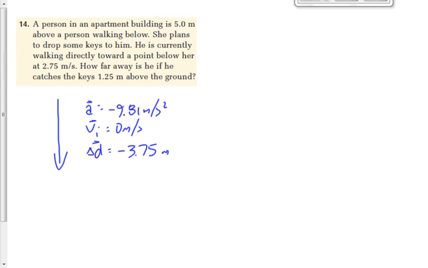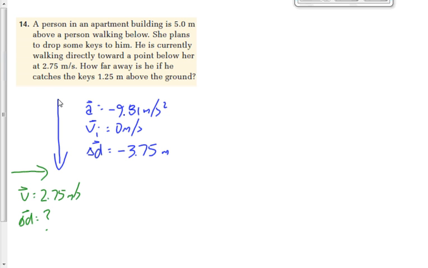All right, now let's look at the guy walking. The guy walking has a constant velocity of 2.75 meters per second. That's all we know. We want to calculate how far he has to walk. It's pretty hard to solve for delta d, solve for anything, given only one variable, but we'll get another variable in just a second. Here's the key.